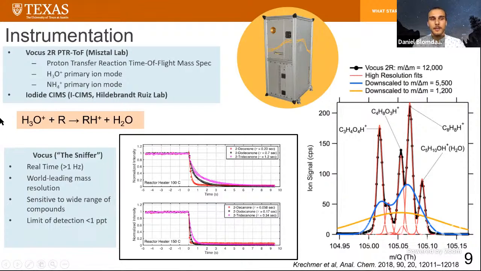And then the device measures the time of flight with which the compound goes through a space, and then you can measure the chemical mass very precisely. And the Vocus is kind of the world leader in this kind of technology.